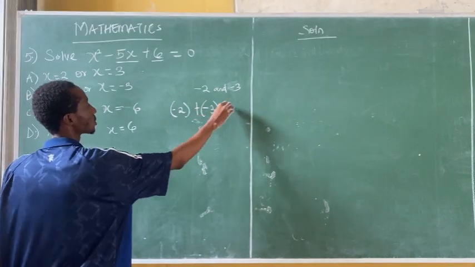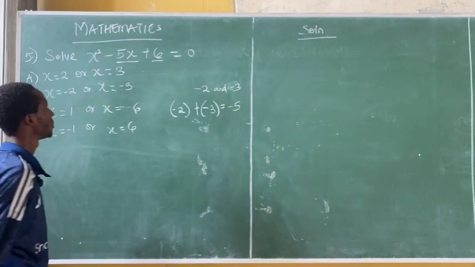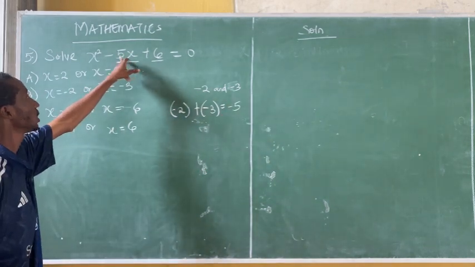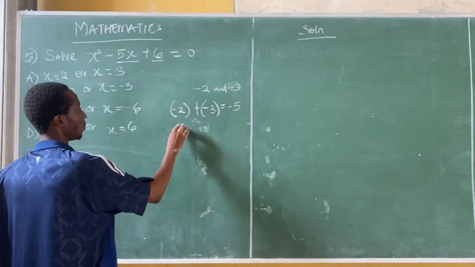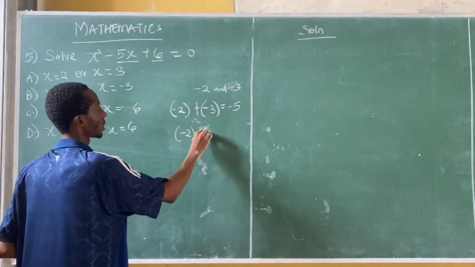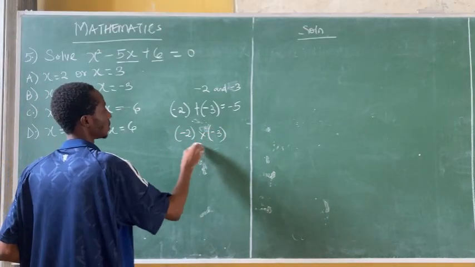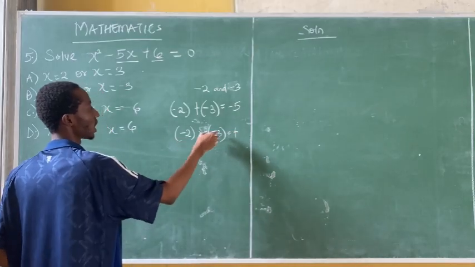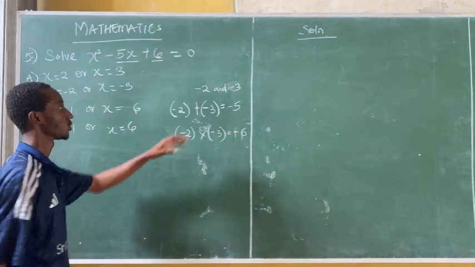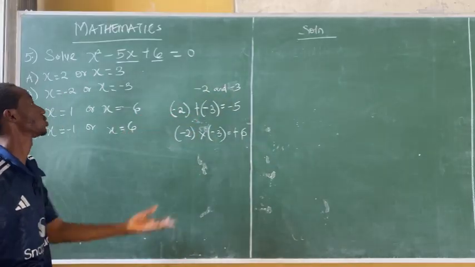This will give us what? Minus 5. It satisfies this particular condition. Let's check if it's going to satisfy this condition if we multiply them together. We have minus 2 times minus 3. Minus times minus gives us what? Plus. So we have 2 times 3 will give us 6. Therefore, these two values satisfy the condition.